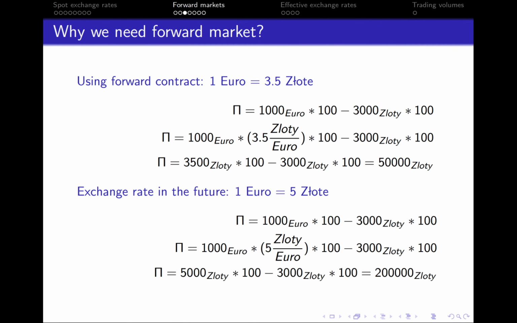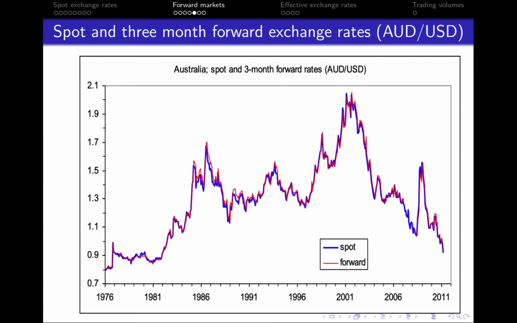Okay, so now let's look at the differences between the spot and 3-month forward exchange rate between the Australian dollar and the United States dollar. Look, actually, as you see, the two rates are following each other very, very closely.